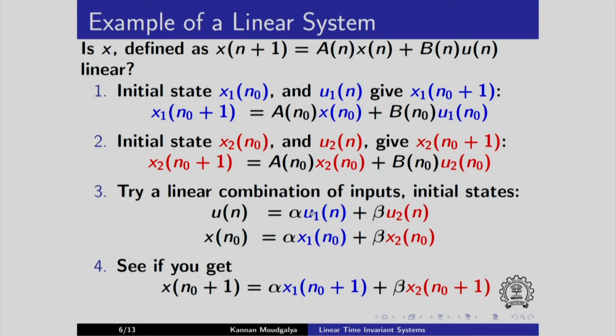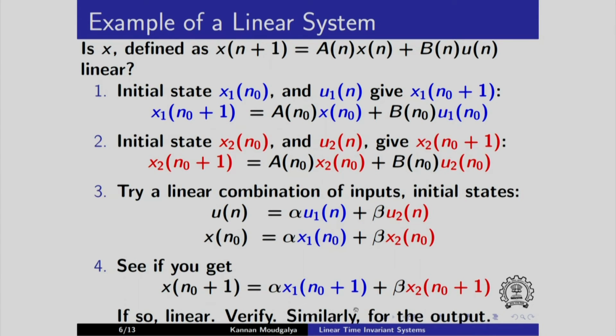Will it be a linear combination, where the same alpha is to be used here and the same beta is to be used here? When I give this, I got x1 of n0 plus 1, which comes here. I am using alpha times that, so I should multiply this by alpha, and these two give rise to this as given by this equation. Beta of this should give rise to beta of this. If I get this, then it is linear. What I want you to do is substitute these values and verify that this is indeed true.